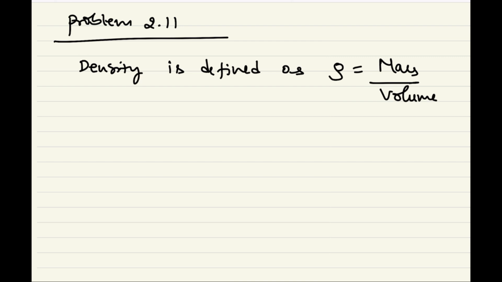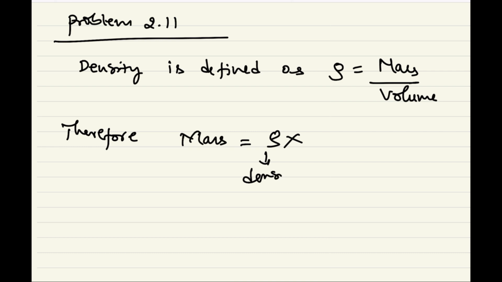To know the mass, we need the density of that particular component. So mass can be written as density into volume.